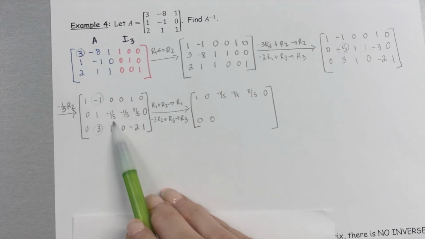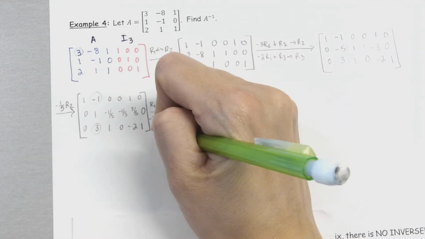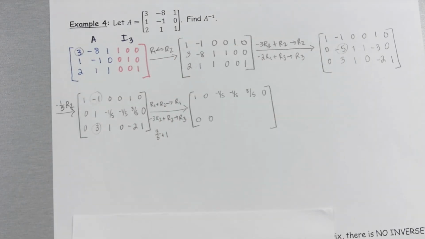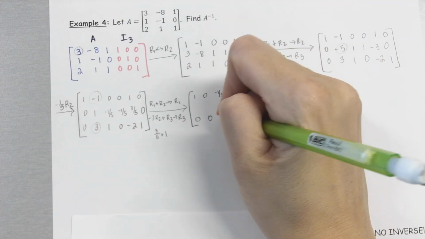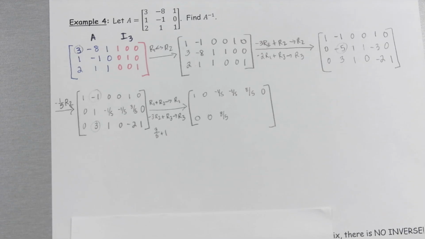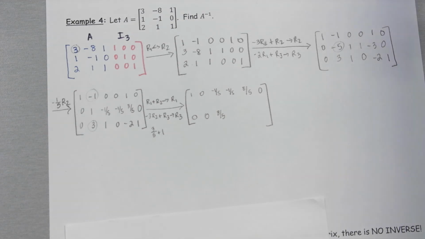Sorry, -3 times -1/5. You have 3/5 plus 1. So sometimes I just write that out like that. Okay, so 5 plus 3 is going to give you 8, so then you have 8/5. Okay, so I'm going to give you a couple moments now to finish this row.